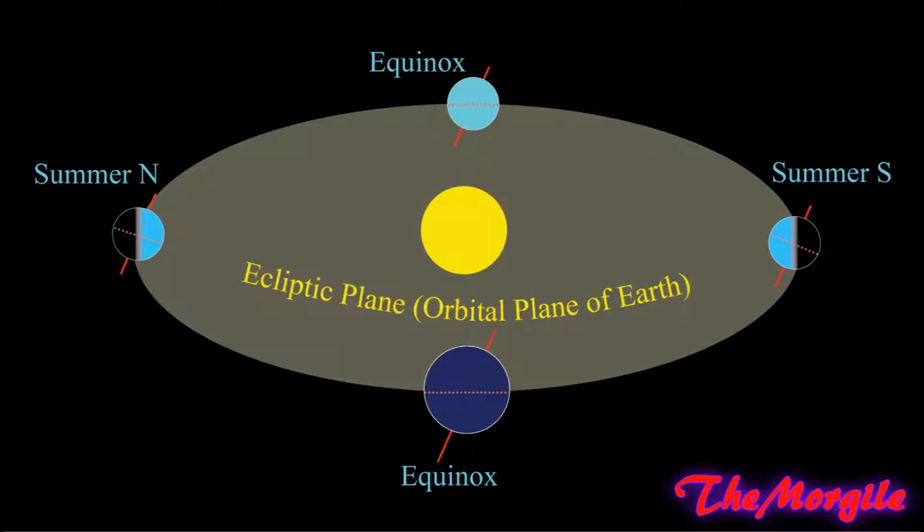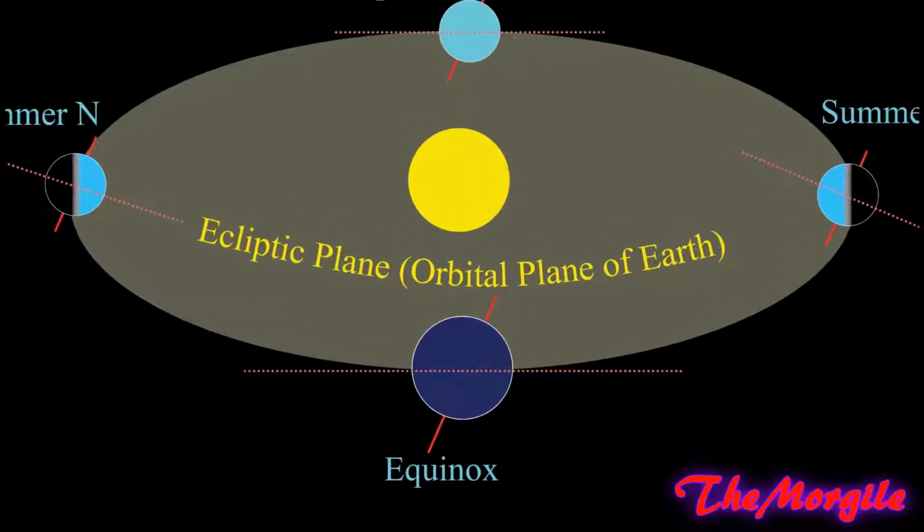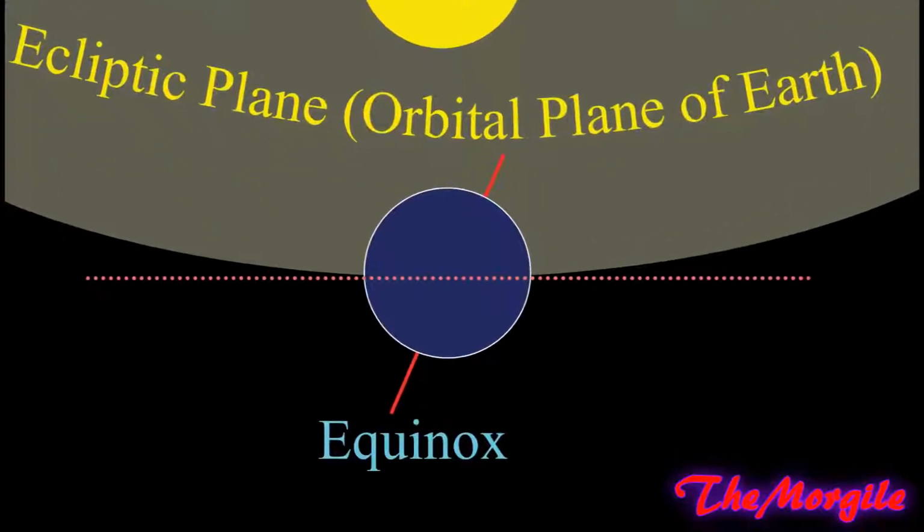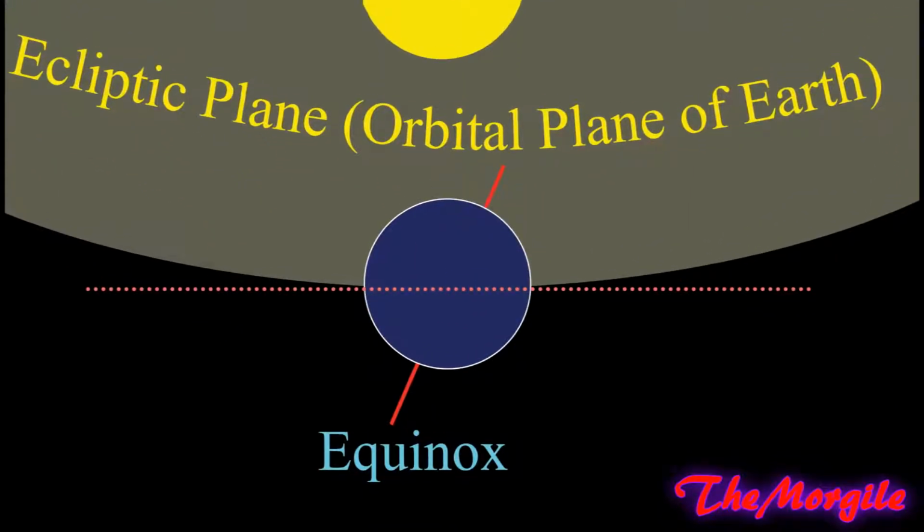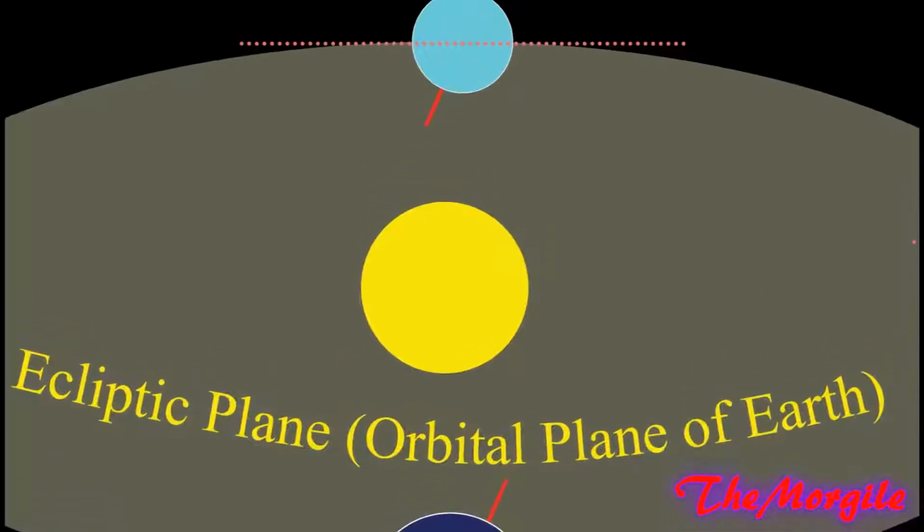And oftentimes people confuse the equatorial plane with the ecliptic plane, but there is a big difference. Now, the equatorial plane, again, is not aligned to the ecliptic plane except twice a year, and that would be during the equinoxes, according to the heliocentric model.